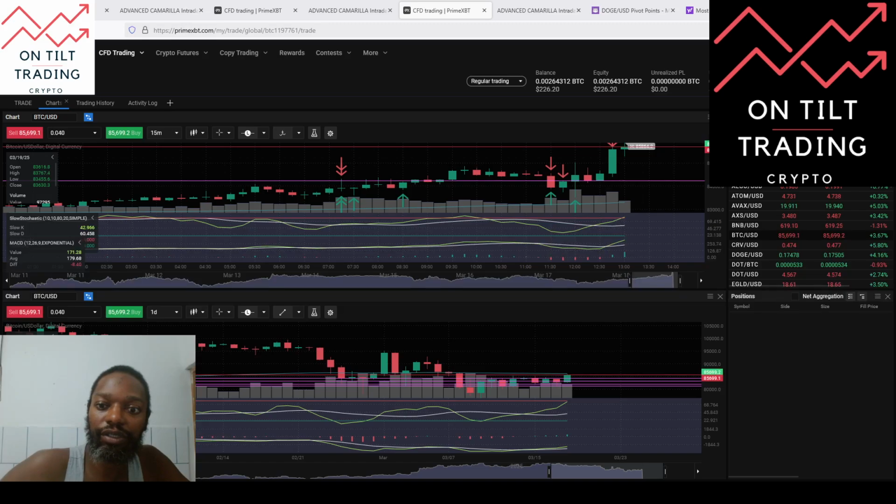Another thing to bring to your attention, this 200 EMA right here. Any long position that I take, I want to see price action trading above this 200 EMA. Any short position that I take, I want to see price action trading below this 200 EMA on the 15.